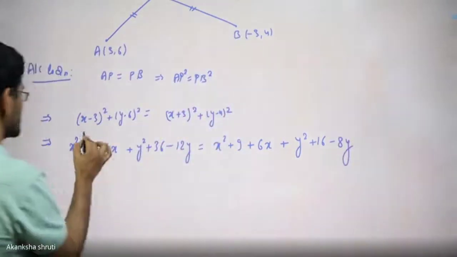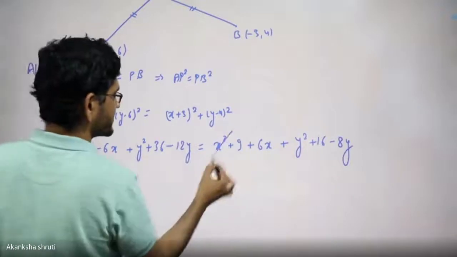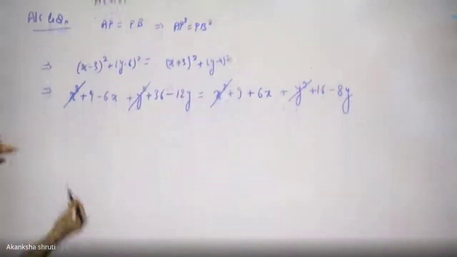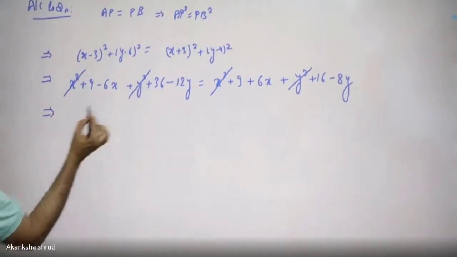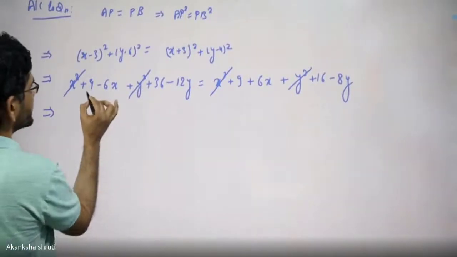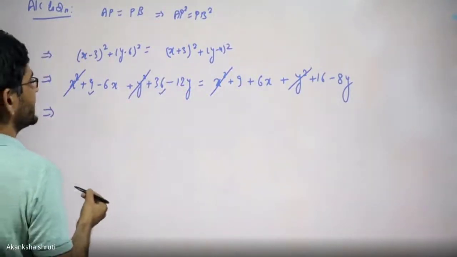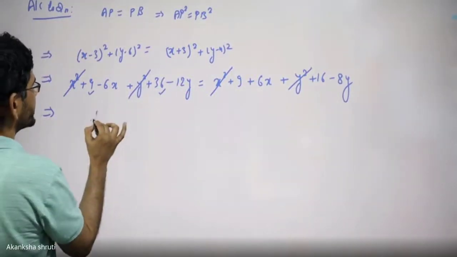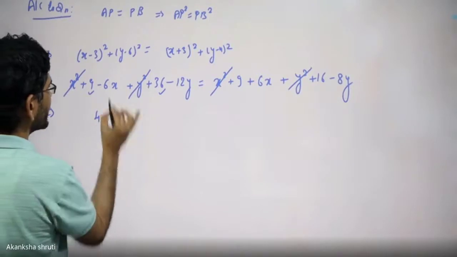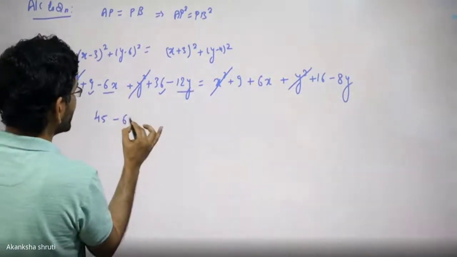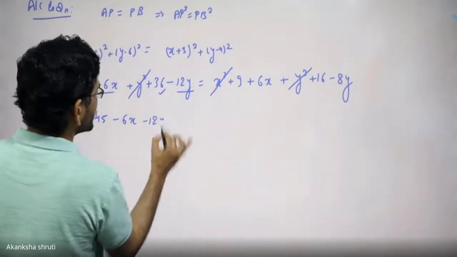Now we have to solve this. This x square and y square get cancelled on both sides. Students, just collect it. It becomes 9 and 36, we can add them. It becomes 45 minus 6x minus 12y.